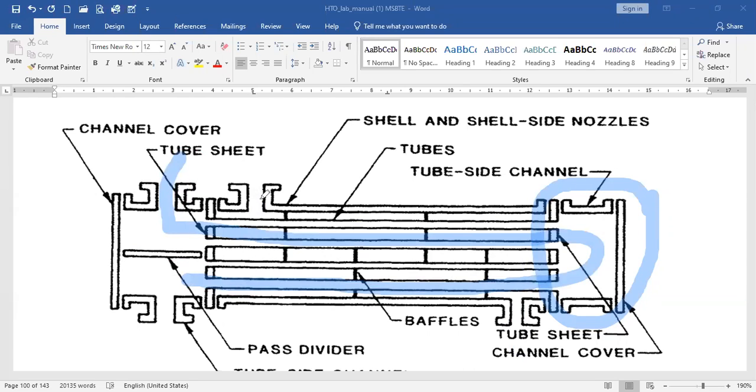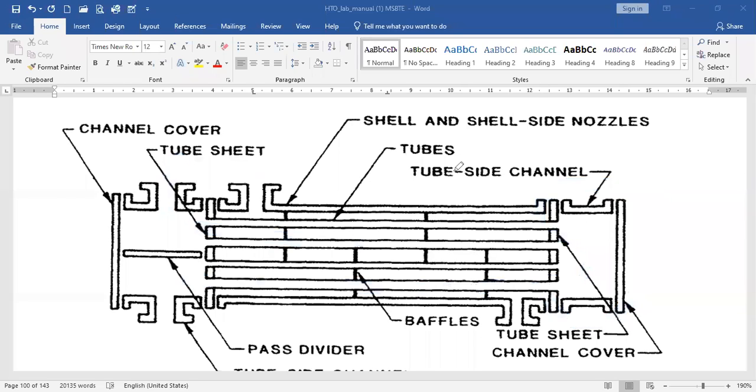And again, there is a channel cover. Then there may be tie rods for supporting these tubes if the number of tubes is more or if the length of tubes is more. So we can add some other parts for supporting the different parts like tubes, baffles, etc.